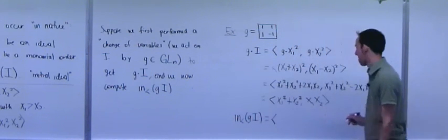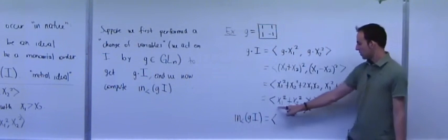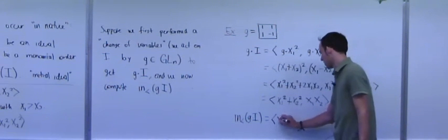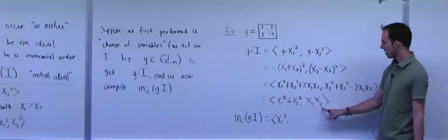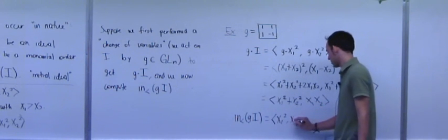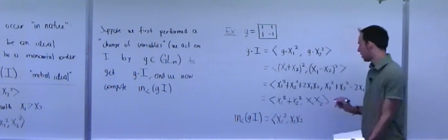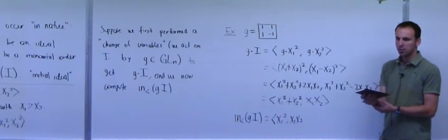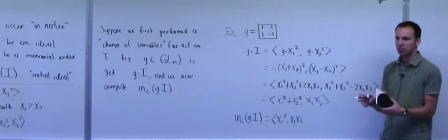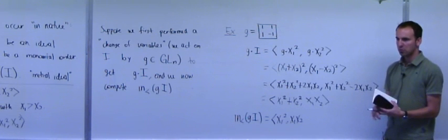So the initial term of this guy is x1 squared. Right? The initial term of this guy is x1 x2. And now am I done? Well, it depends whether this is a Gröbner basis or not. And this turns out not to be a Gröbner basis.